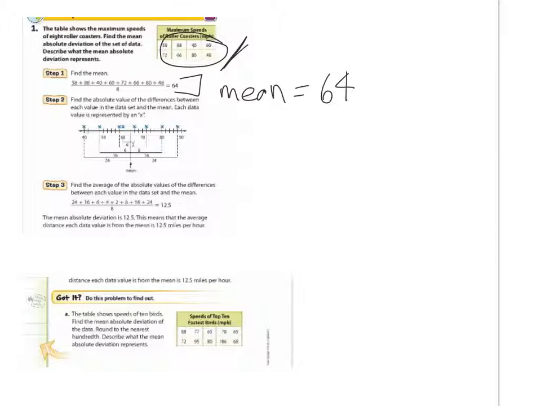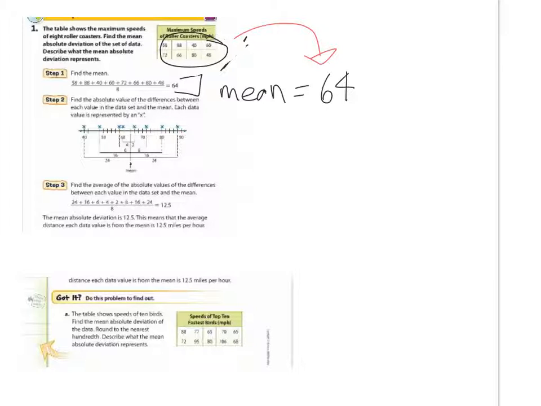Now, what you want to do is to find the absolute value of the differences between each one of these numbers right here. You're going to subtract it by the mean. So you literally are going to take a calculator. Yes, you're allowed to use calculators, so this is going to be quick, or else it takes you a long time.